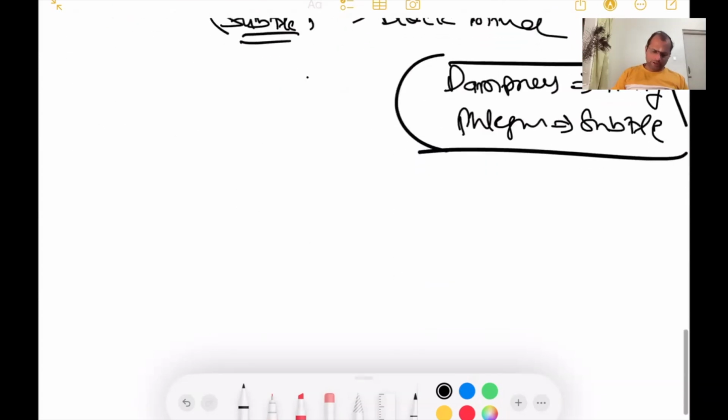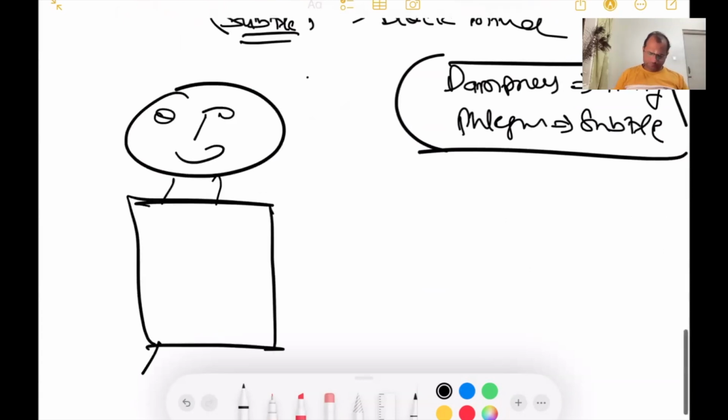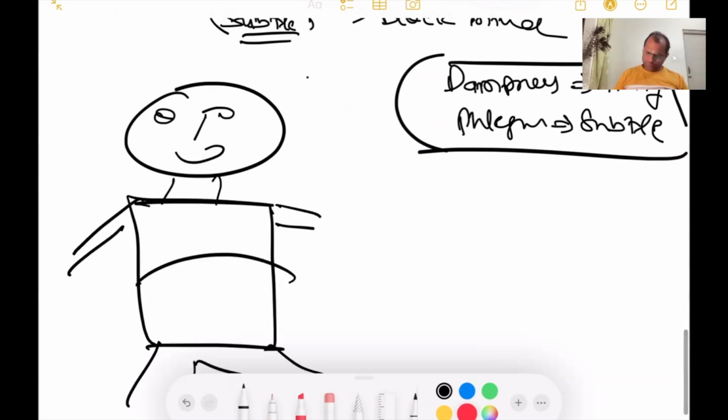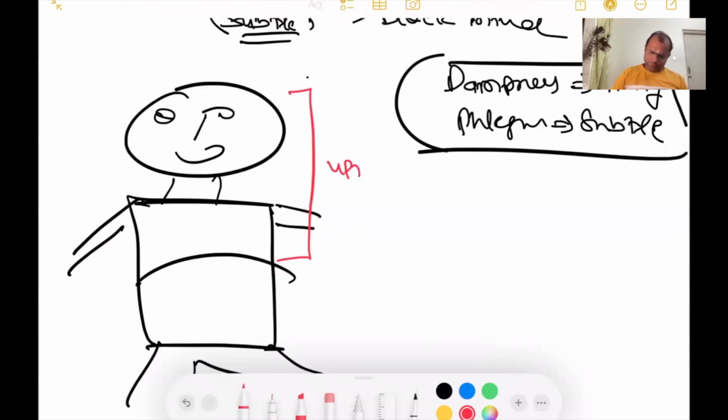और जो डैम्प हीट है, डैम्प हीट क्या करेगी? It will divide the body in 3 parts. Upper body, middle body, and lower body.